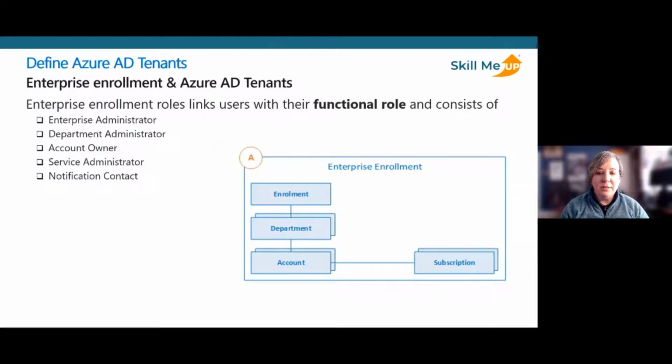Azure Active Directory has a series of roles as well that you can use to ensure authenticated and authorized users have access to only the things you need them to have access to. So there's this idea here of a really comprehensive RBAC model that you can put into play related to Azure Active Directory. So the enterprise enrollment roles link users with their functional roles, and that's really the enterprise administrator, department administrator.